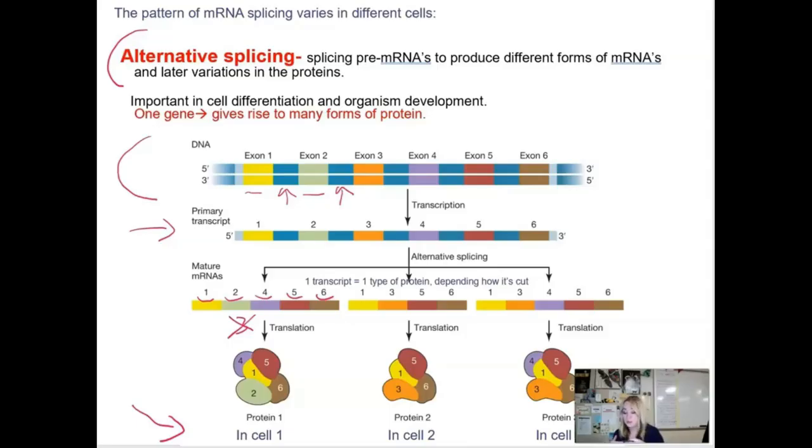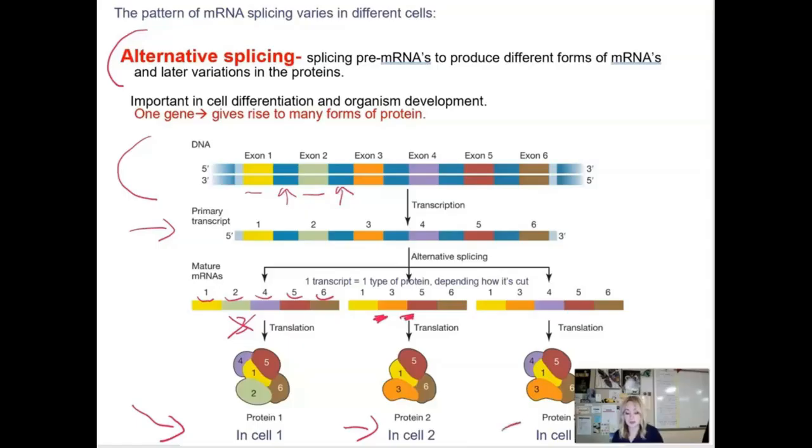So if the amino acids in the sequence are different, the protein is going to have a different shape, a different structure, so it means it's going to have a different function. And then if we look at cell number 2, now we're missing number 2 and we're missing number 4. So you can see this protein is also going to be different.